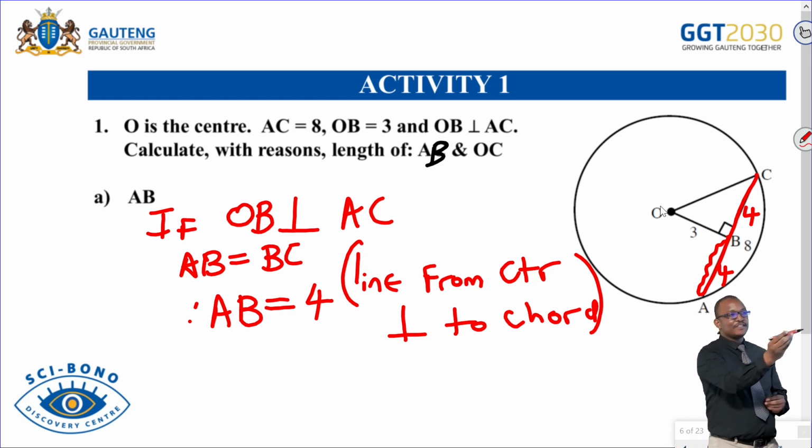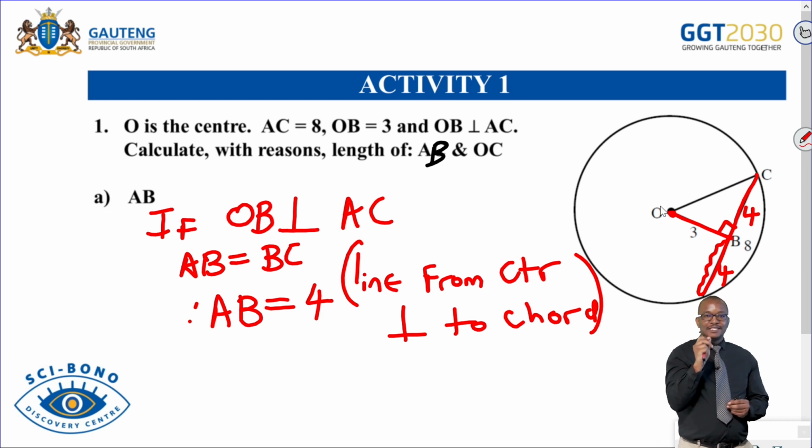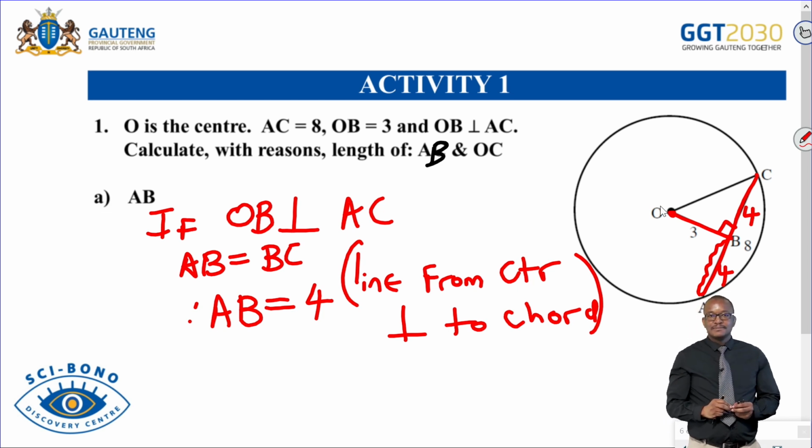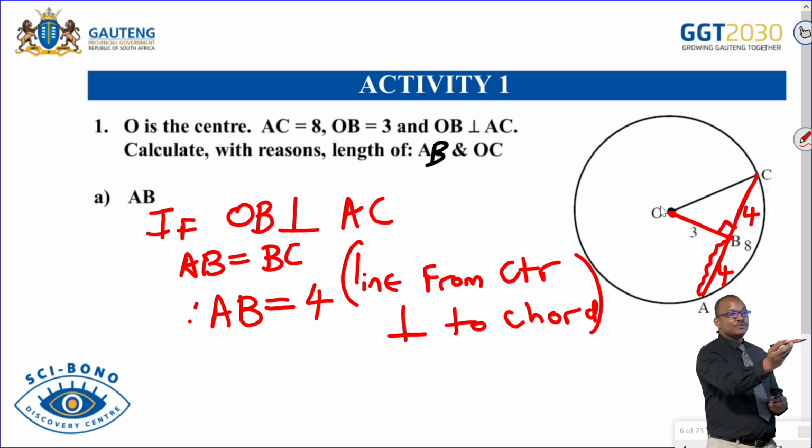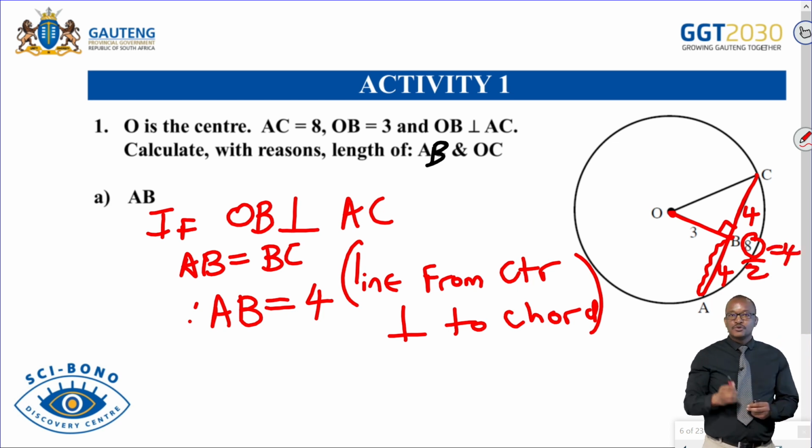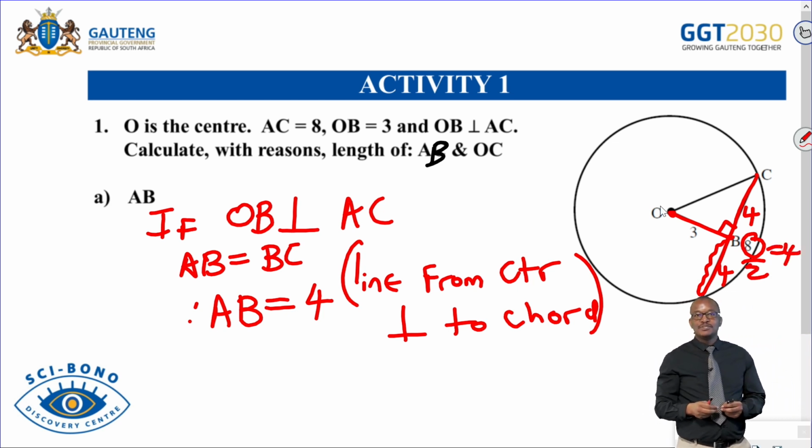Line from center perpendicular to chord. Because we said if the line from center is perpendicular to the chord, then it bisects the chord. Correct. So you know when you bisect, you divide into 2 equal parts. It means that 8, you divide it by 2, it will be 4. So each length there, AB and BC, will be 4.